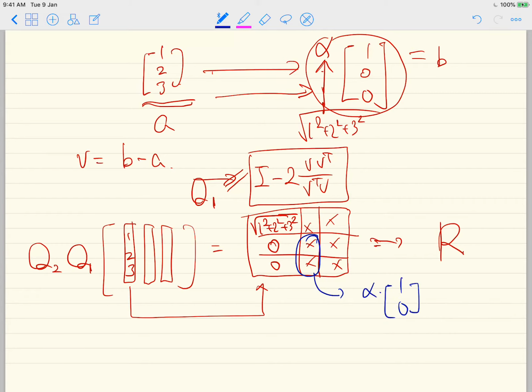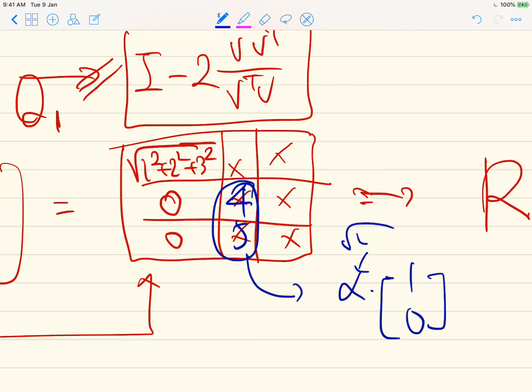If this guy was maybe 4, 5, then this alpha should be the square root of 4 squared plus 5 squared, right? And then we consider another reflection matrix that reflects this two-dimensional vector onto another vector along the first axis, right?